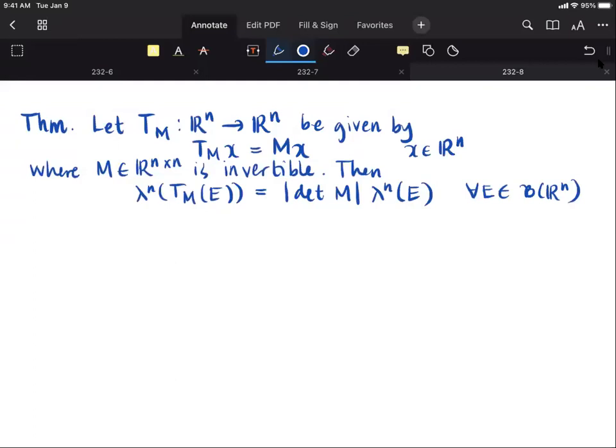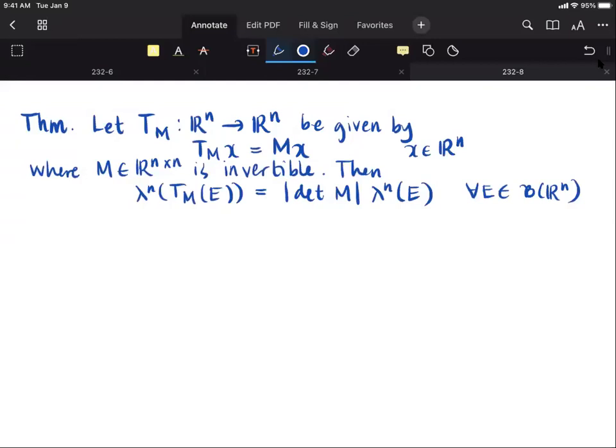So that's the action of this linear transformation. Then the Lebesgue measure of the transformed Borel set E is equal to the absolute value of the determinant of M times the Lebesgue-Borel measure of E.